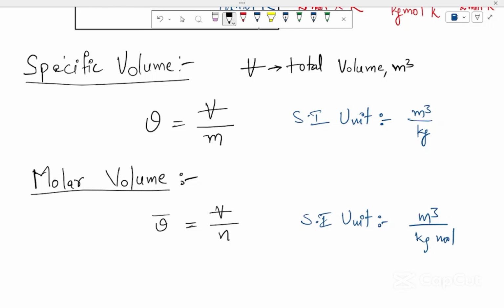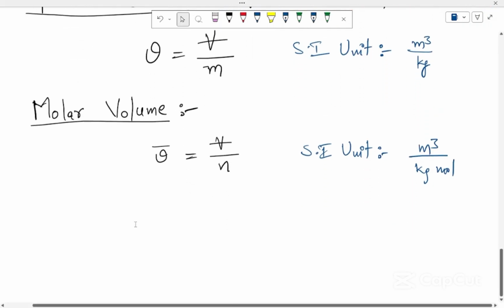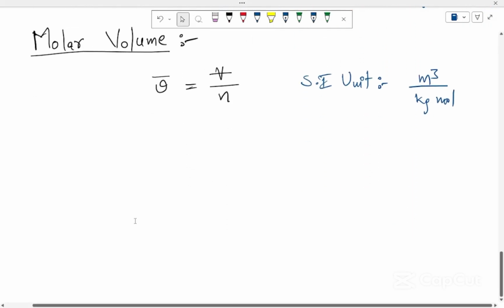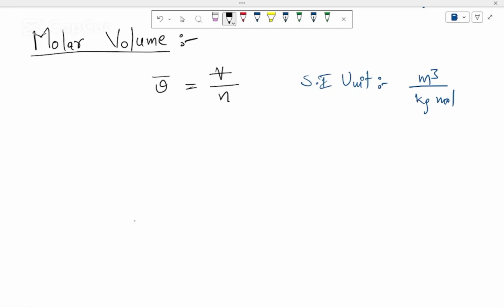Have that in mind. Now if you look at PV equals nRT and PV equals mRT, which you must be learning, you have the forms of your ideal gas equation. Those forms you should understand.